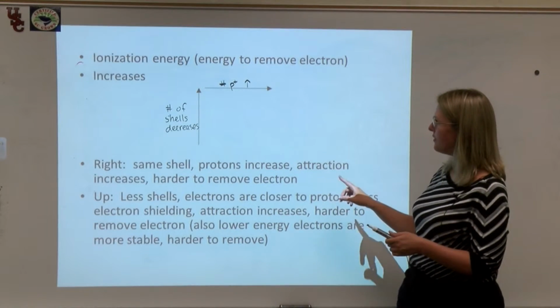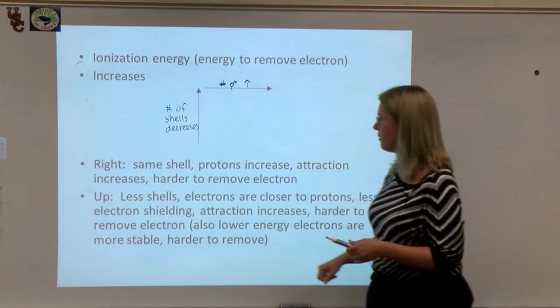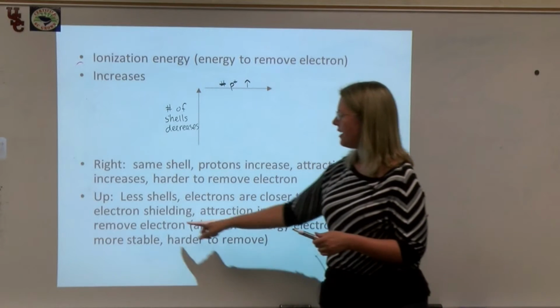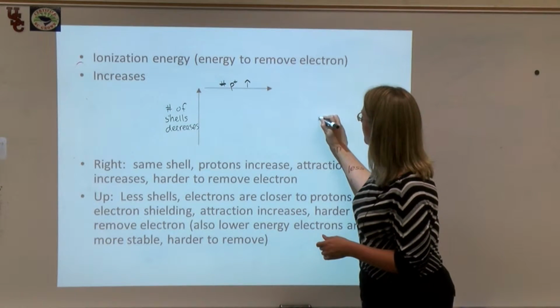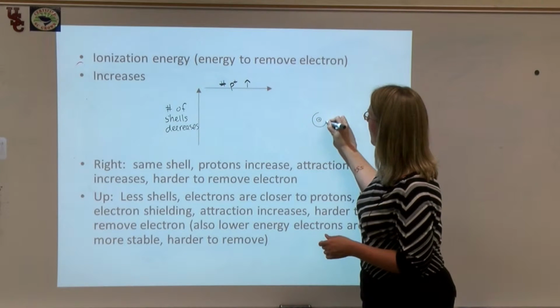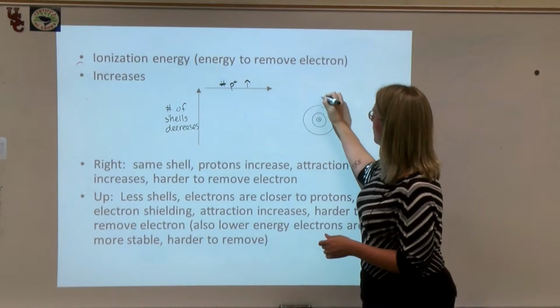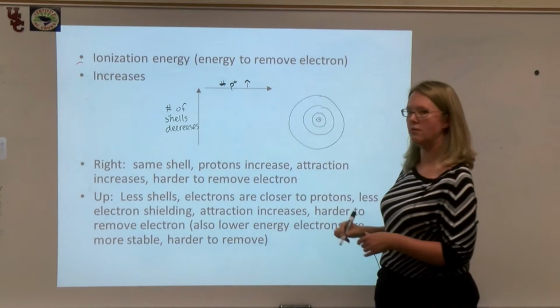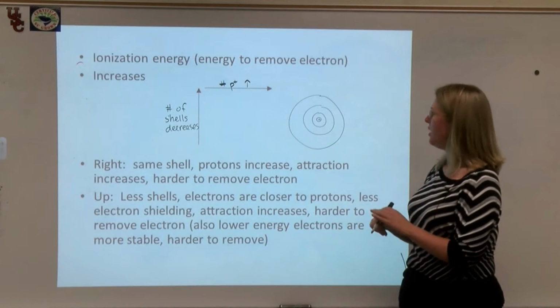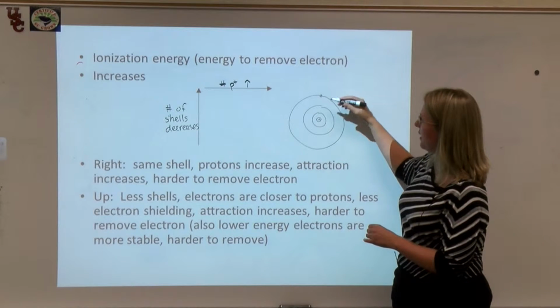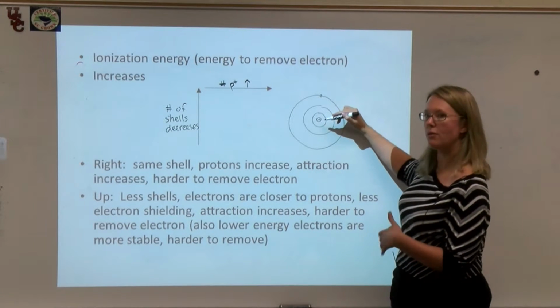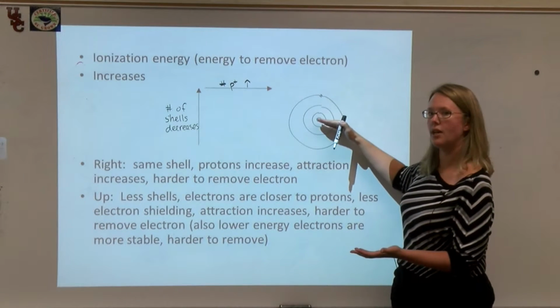But there's another effect going on as well. When you decrease the number of shells, you actually have less what's called electron shielding. And so you can imagine, here are my protons. If I have an atom with 3 shells, so an atom in the third row, this valence electron right here on the outside is shielded from the proton's attraction by these other 2 shells.